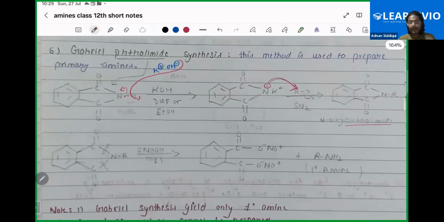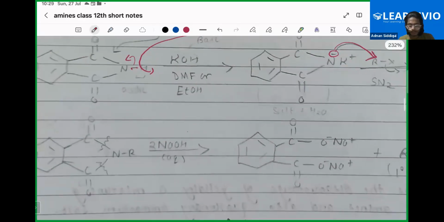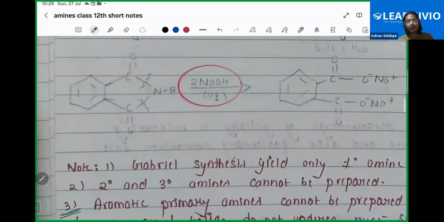Now, if you have this N-alkyl phthalimide and you are reacting it with aqueous NaOH, two equivalents, you will break this bond, and here you are going to attach the O negative Na positive part, and this hydrogen will be attached to nitrogen.